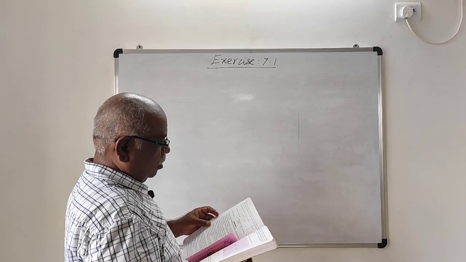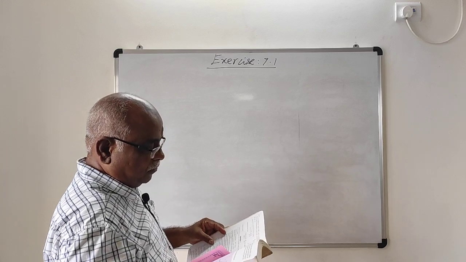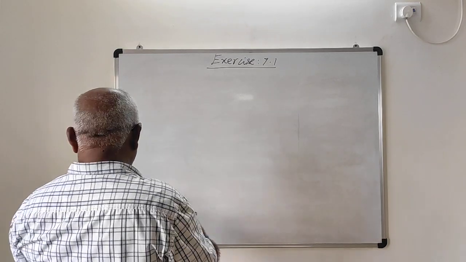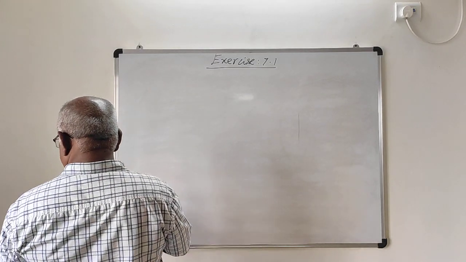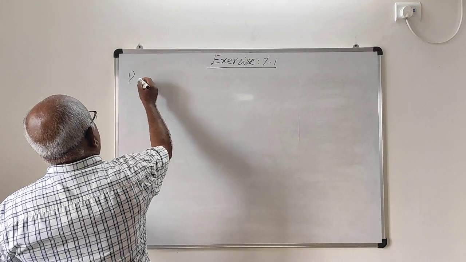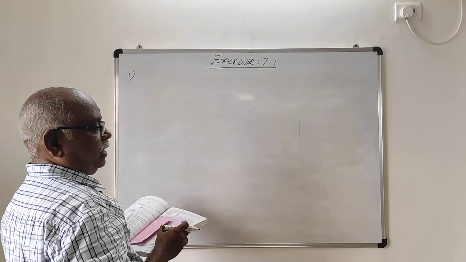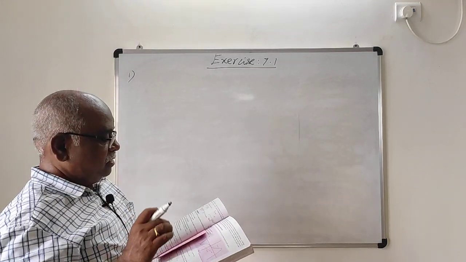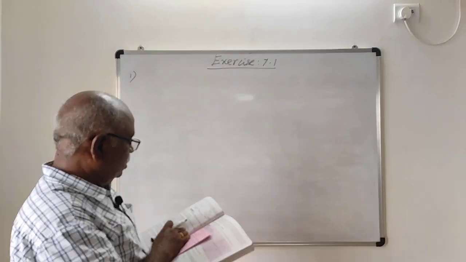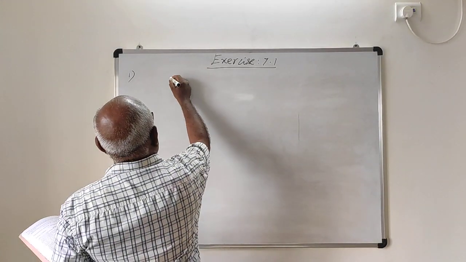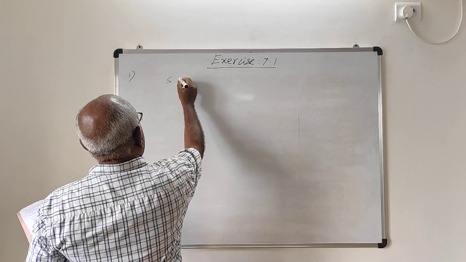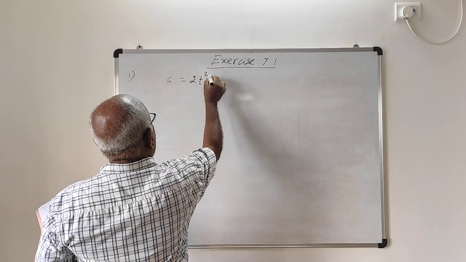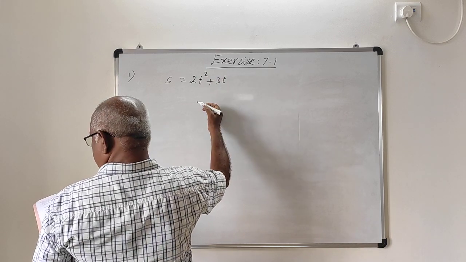A particle moves along a straight line in such a way that after t seconds its distance from the origin is S equals 2t square plus 3t meters.